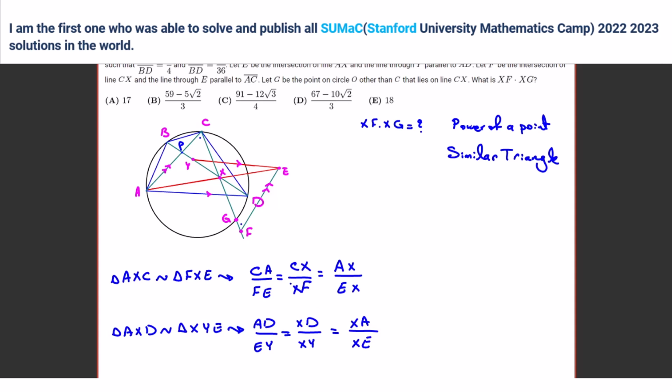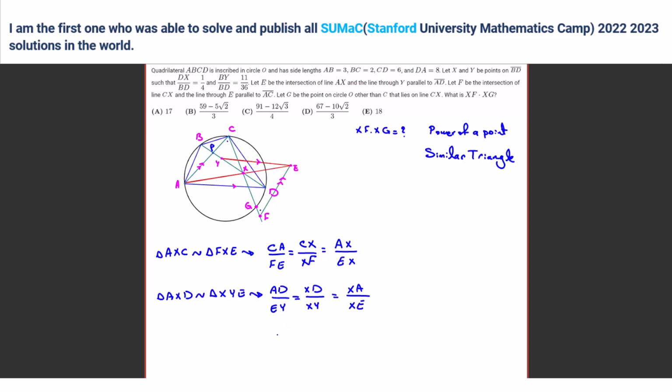Okay, so here we found something for XF, but still we have a problem working with the other length. So what should we do to find something for XG? XG times XC is equal to XD times XB. Exactly.